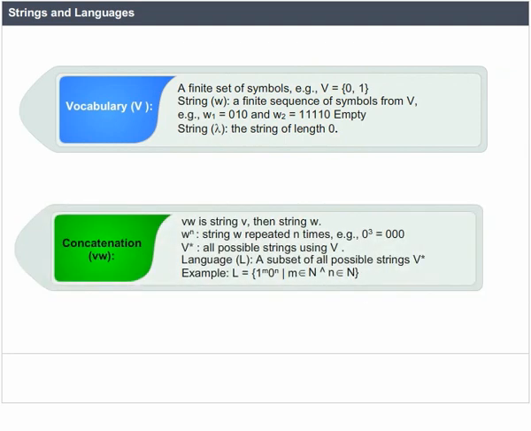Concatenation VW: string V, then string W. W^n: string W repeated n times, for example 0 cubed equal to 000. V star: all possible strings over V. Language L: a subset of all possible strings V star, for example L equal to {1^m 0^n such that m belongs to N and n belongs to N}.